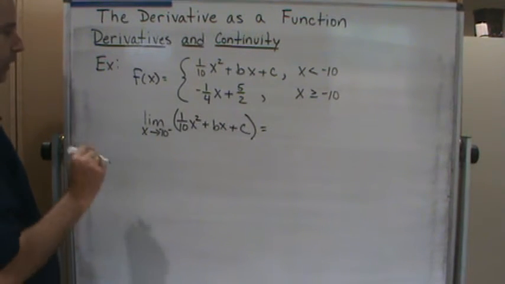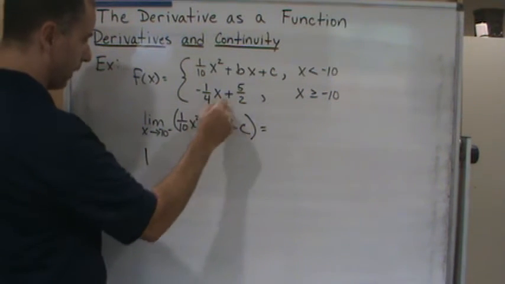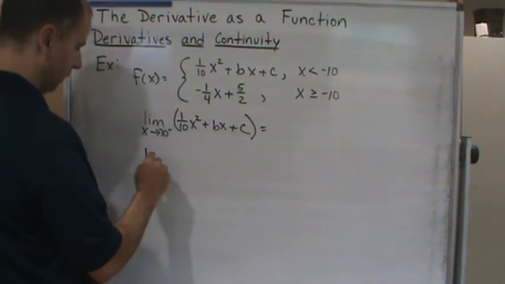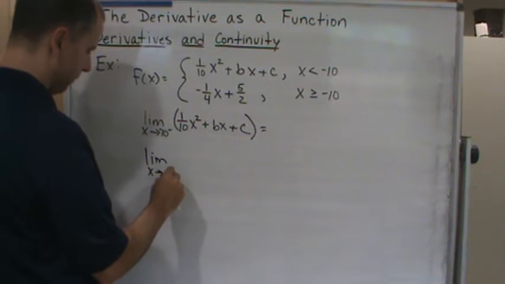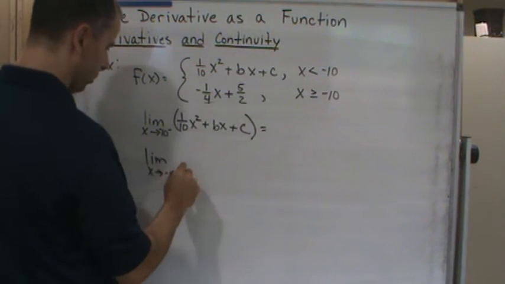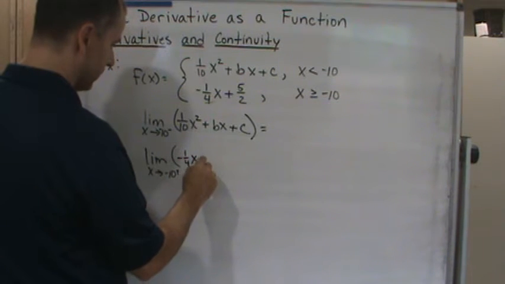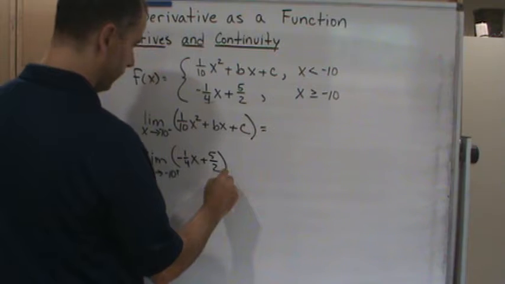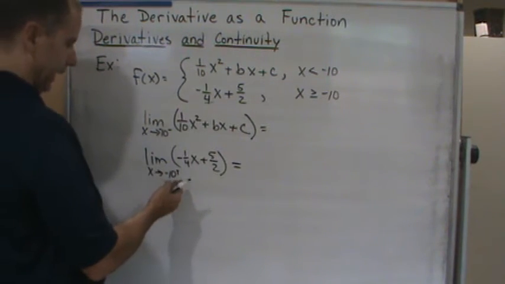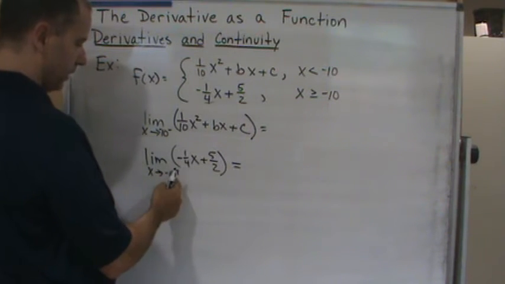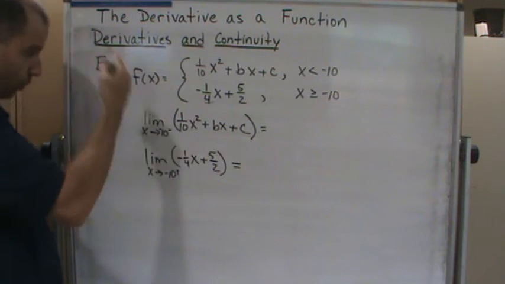But since we know that these limits have to be equal, let's deal with the bottom one because there are no variables other than x, and we know where x is going. So as x approaches -10 from the right, we use the bottom rule. That's going to be -1/4 x plus 5/2. Because this is a polynomial, it's continuous everywhere, so we can just plug it in.